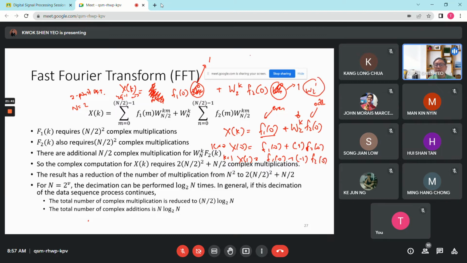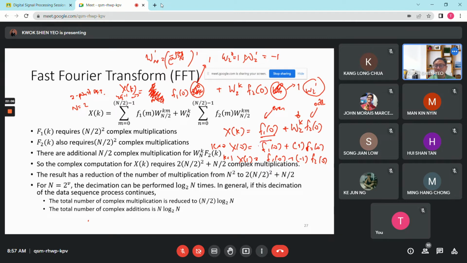So this one you go and figure out why this is minus 1. You can look at it from the complex plane, or you can expand W_N equals e^{-j2π/N}. If you power of 1, then you see what is the value. So it is minus 1.